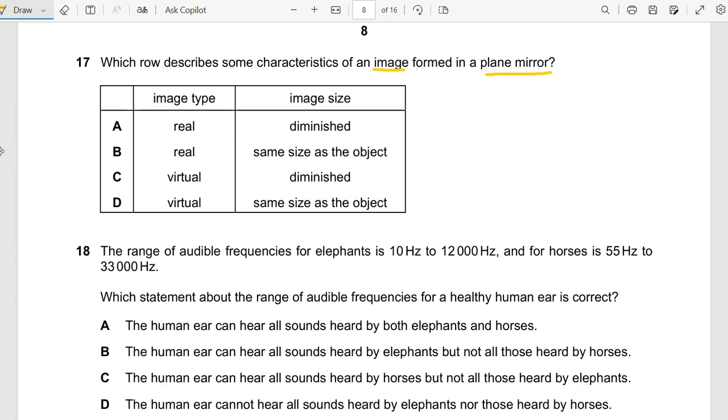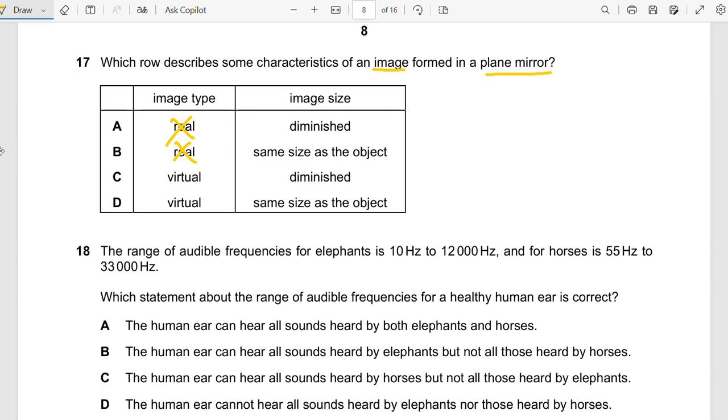So the distance of image equals the distance of object, and it is also laterally inverted, which means right left inverted. So when they say here in A and B real, this is wrong. It should be virtual. What's the meaning of virtual? Remember, virtual means that I cannot reflect it at a screen or at a wall. So it is virtual inside the mirror.